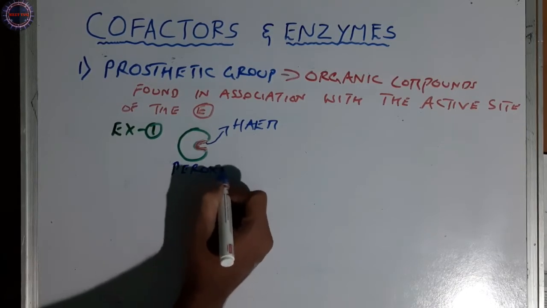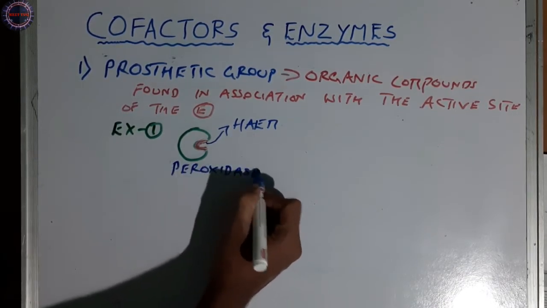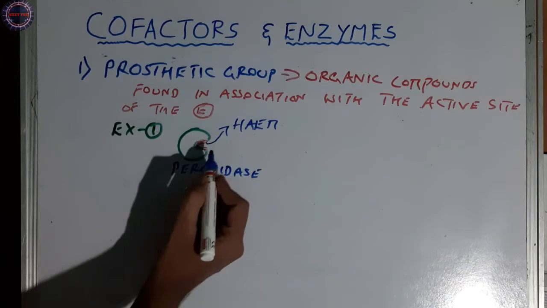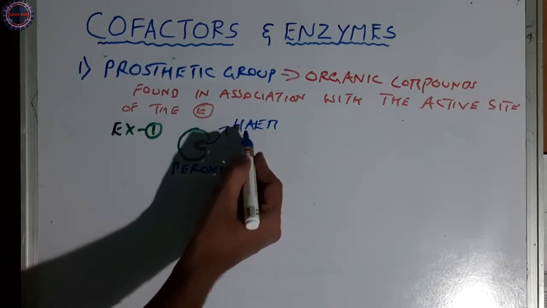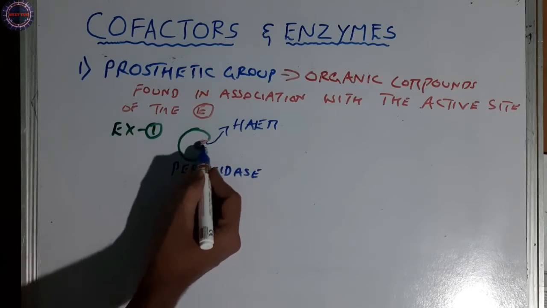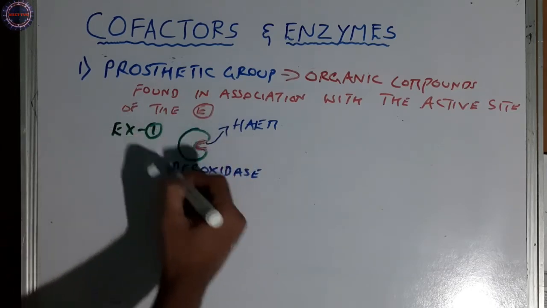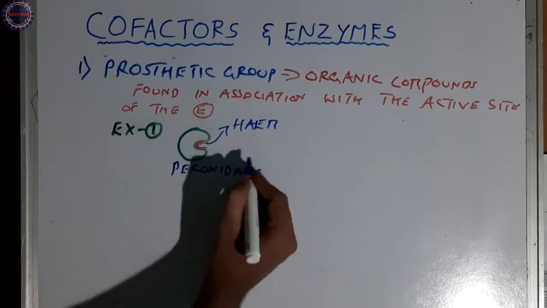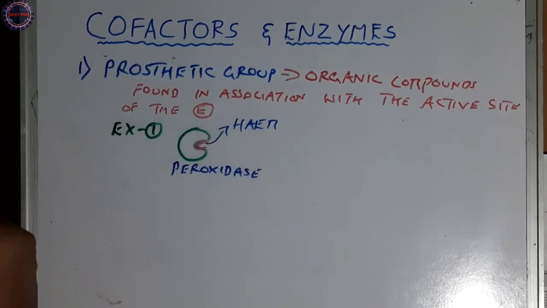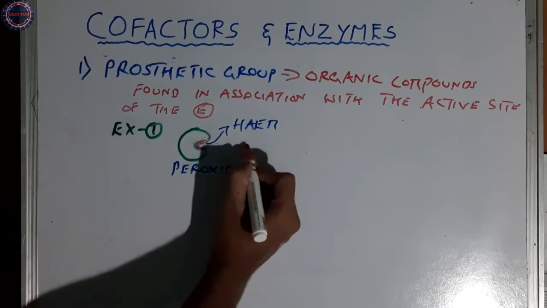I'm giving a specific example. There is one enzyme called peroxidase, and there is a prosthetic group, a cofactor, called heme, which is bound to the active site. The red color one is nothing but heme here. So now this is the holoenzyme, and the enzyme is catalytically active. I don't have any other color here, only three colors.